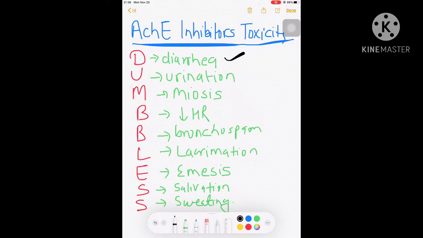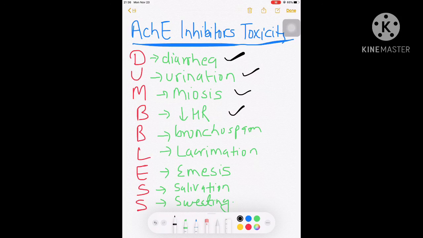The second one is urination, by contraction of the detrusor muscle and also by relaxation of the trigone and sphincter. The third one is miosis, by contraction of the sphincter muscle of the iris, causing constriction of the pupil. Then vagally mediated decrease in heart rate, also known as bradycardia.